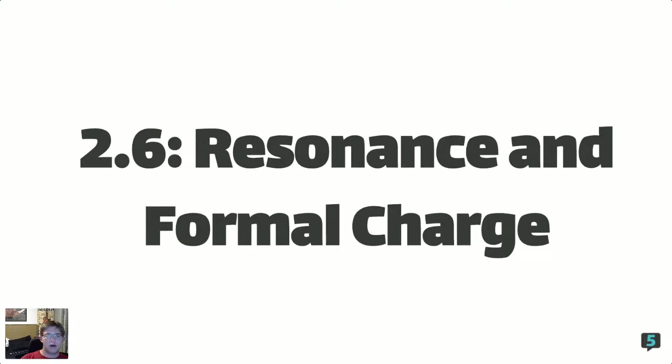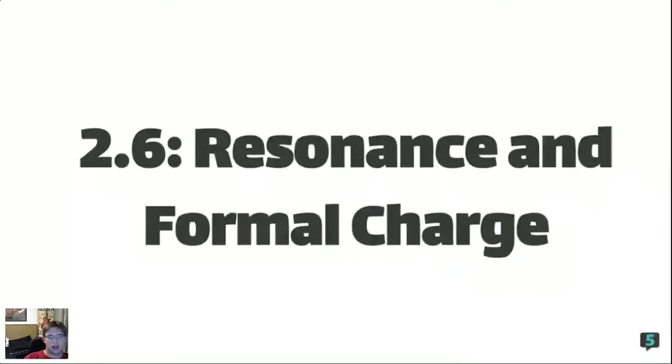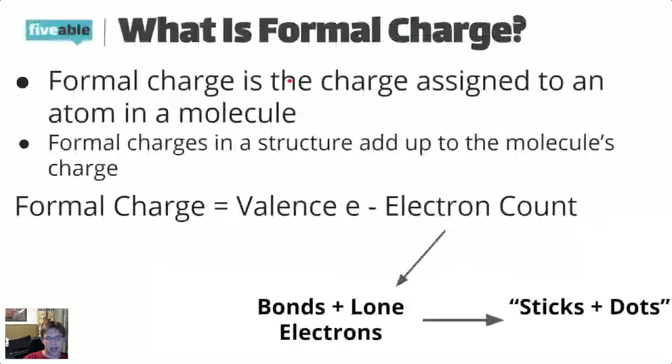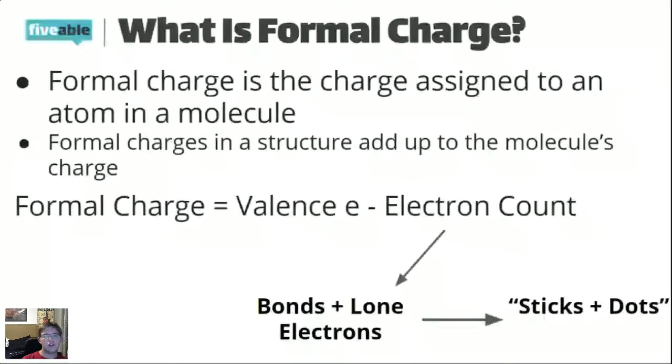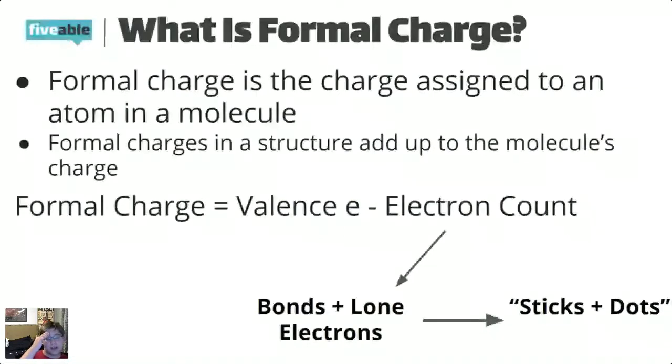So, formal charge. Formal charge is the charge assigned to an atom in a molecule, right? So even if you have a neutral molecule, you might have times when an atom isn't bonded the ideal way it wants to, and so it will take on a sort of charge. And so, as I mentioned earlier, the sum of all formal charges in a structure add up to the molecule's charge.